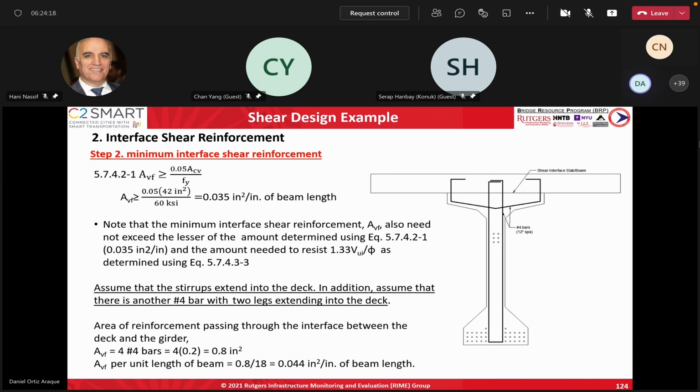We note that the minimum reinforcement also need not exceed the lesser of this amount, 0.035, or the amount to resist 1.33 times the shear stress on the interface. So in this case, we're going to assume number 4 bar, 2 legs, number 4. If you calculate this plus the 2 that we had for the transverse shear reinforcement, we get 0.8 inches.